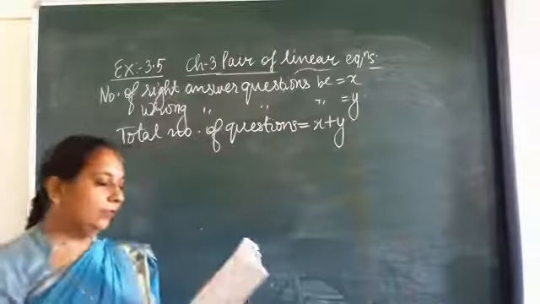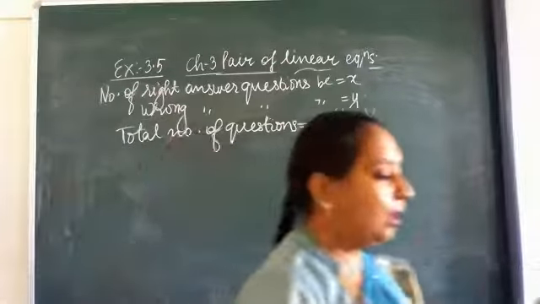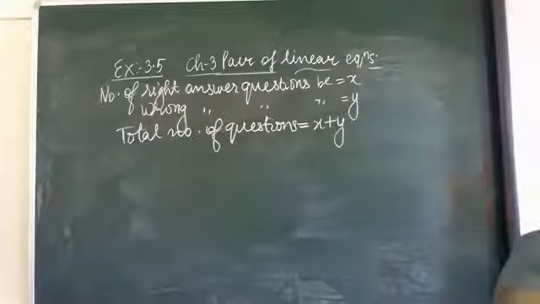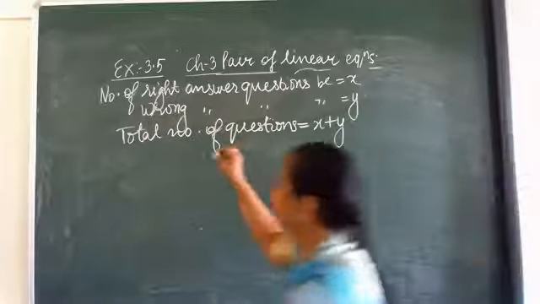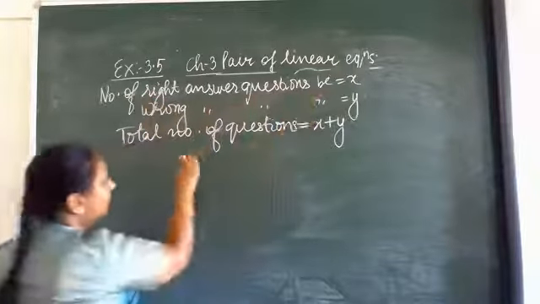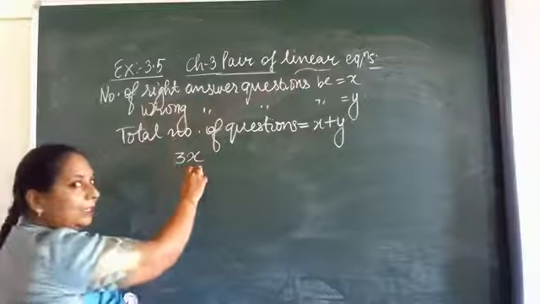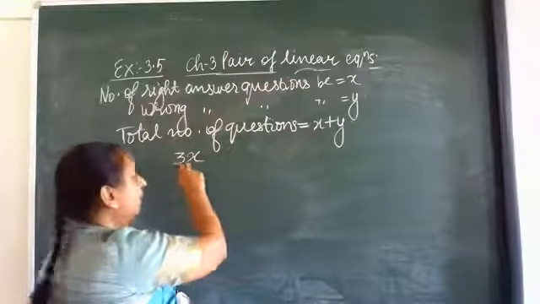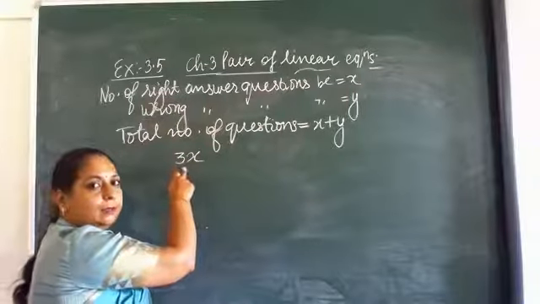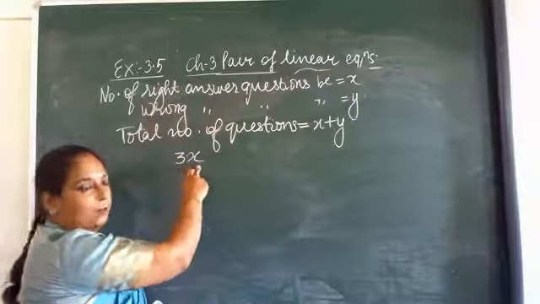Now see, Yash secured 40 marks, getting 3 marks for each right answer. So the equation becomes: the number of right answer questions is x, so x is multiplied by 3, and 3x becomes the marks. 3x is the right answer marks.